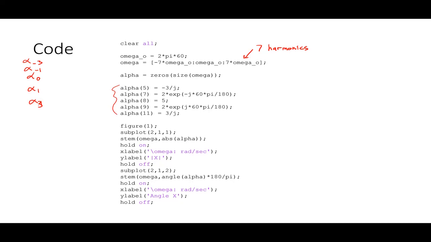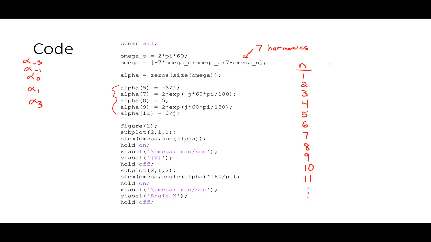Okay? So just to be clear now, because the way MATLAB works, my first index of any array is always n equal to 1. Okay? So my n values are 1, 2, 3, 4, 5, 6, 7, 8, 9, 10, 11, and so forth.